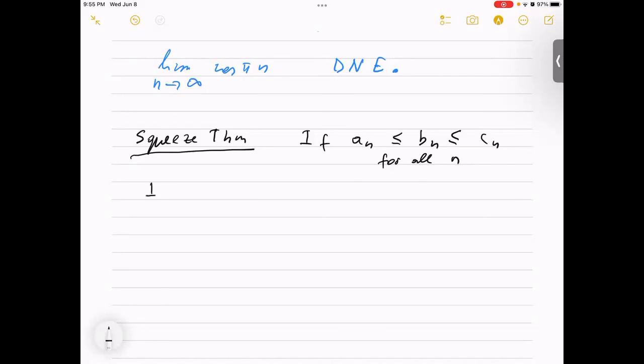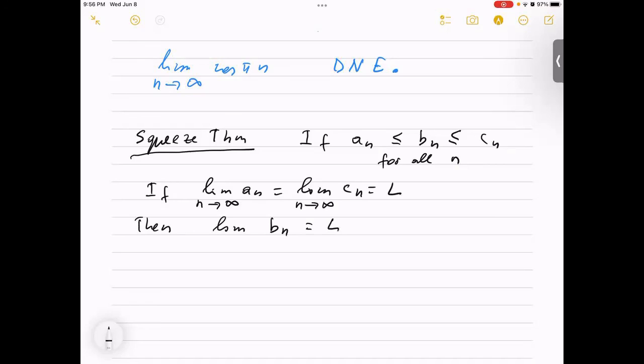Now, if the limit of a_n as n approaches infinity equals the limit as n approaches infinity of c_n and equals L, then the conclusion is the limit of b_n, which is in the middle, also equals L, as n is approaching infinity.